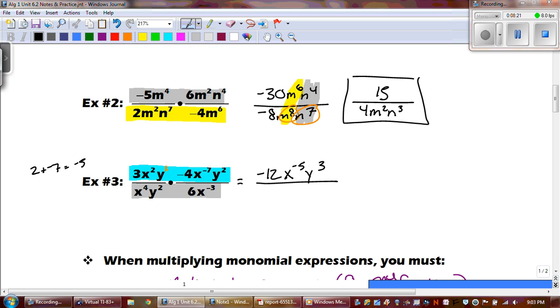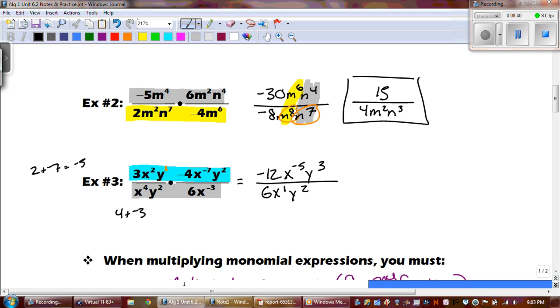Now on the bottom, when you do your x's, you have 4 plus negative 3, which gives us x to the first power. I forgot about the 6. And then y squared. Okay?